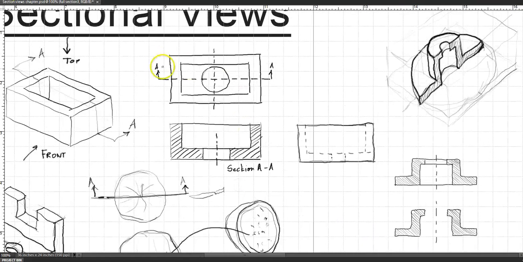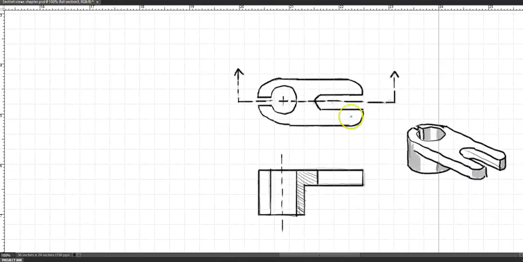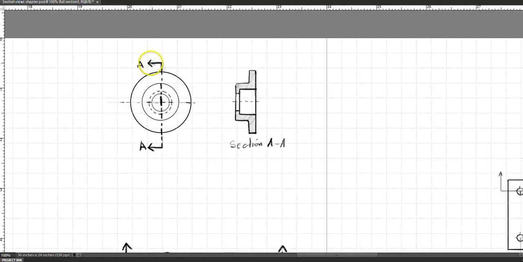For example, I have another section right here, and you see it's placed in the opposite direction. If you look at this one, again placed in the opposite direction. Now see, if I have a section going like that, my view is placed in the opposite direction. So this is the right one. I couldn't have this placed in here. That would be totally wrong and against sectional view practices. Okay, so this is wrong. Got it?